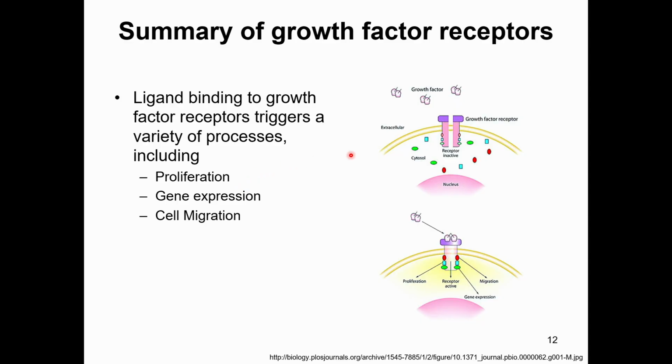But if you look at the molecular biology of all this, how it works, you have growth factors, and these could even be endogenous growth factors, or it could be drugs that mimic endogenous growth factors. And what you'll see is the following.